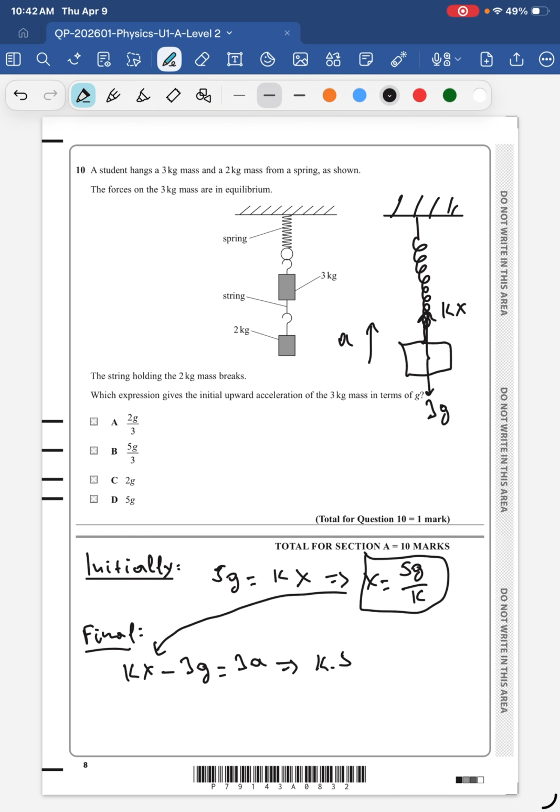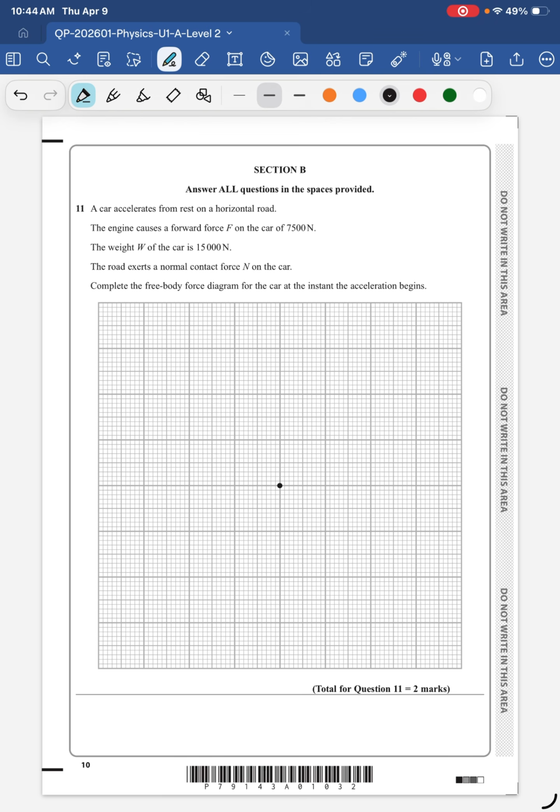So k times 5g over k minus 3g is equal to 3a. So k cancels, and we find that the acceleration is simply 2 times g over 3. So that's option A.